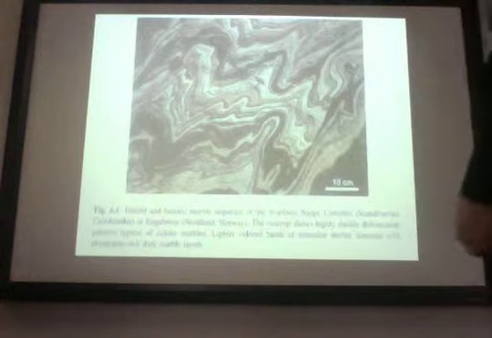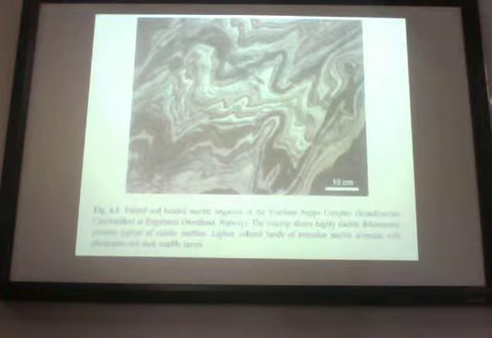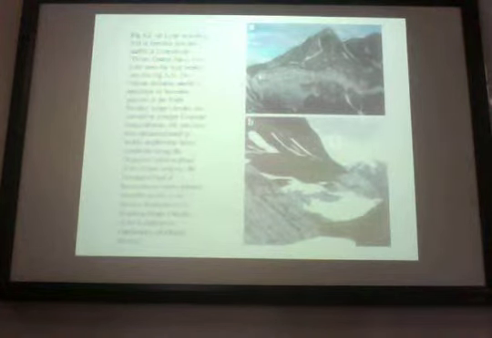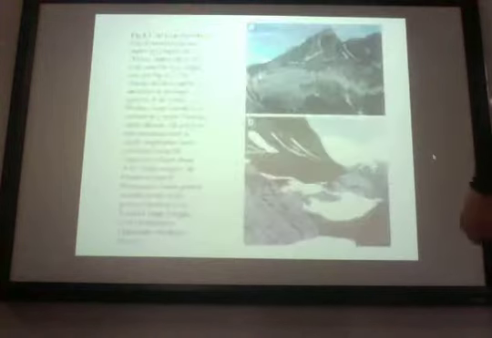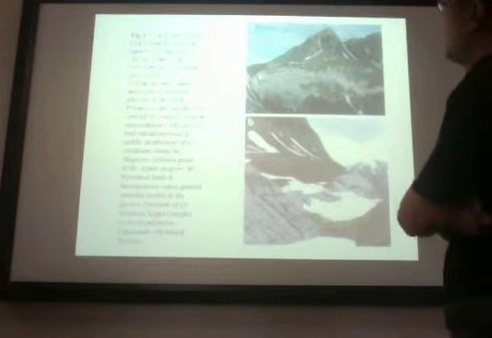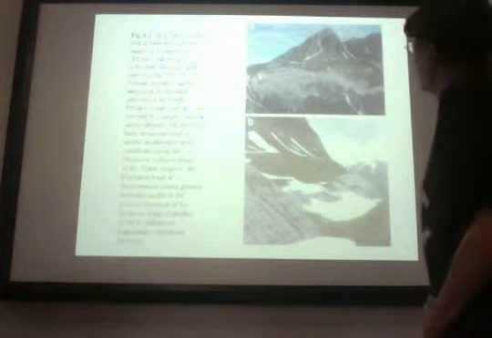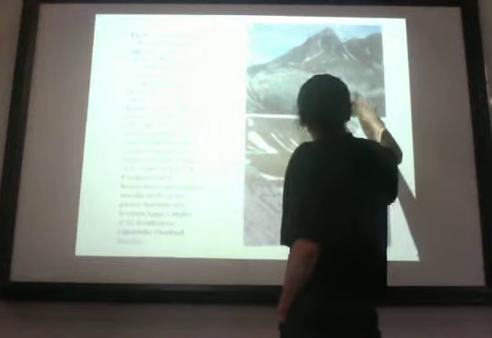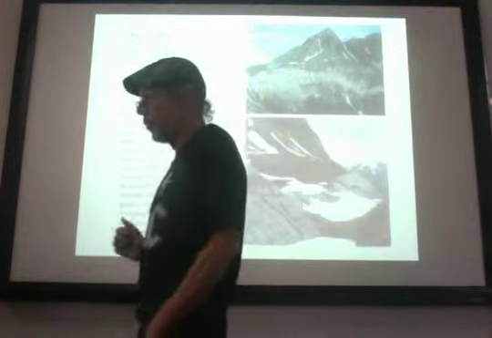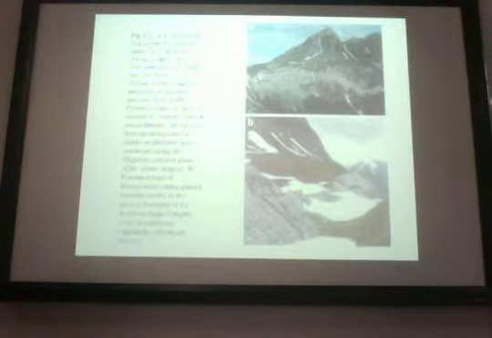So the next slide. Here we have some other field pictures. This one is a dolomite. The mineral dolomite contains a calcium magnesium carbonate compared to the calcite, which is only a calcium carbonate.